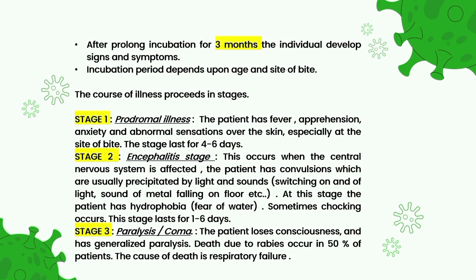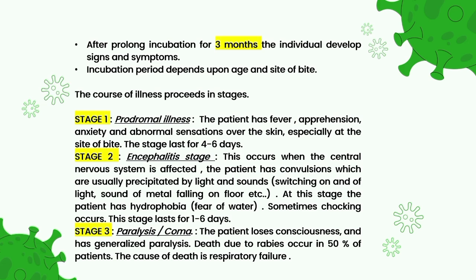Coming to stage 2, that is the encephalitis stage. The duration of this stage is about 1 to 6 days, and this stage begins when the central nervous system becomes involved. The features of this stage are that the patient has convulsions, which are usually precipitated by light and sound.